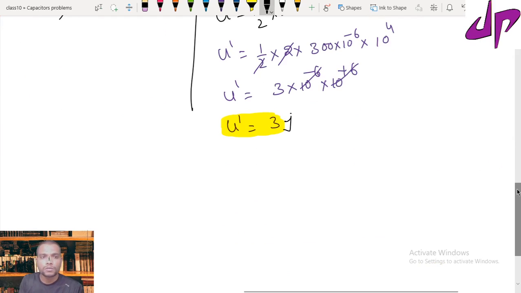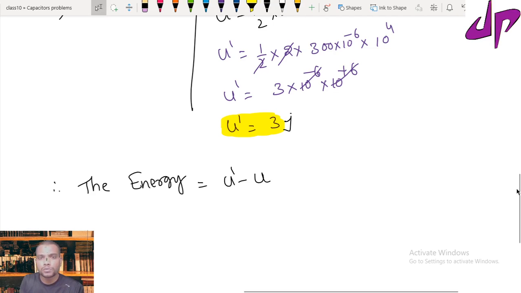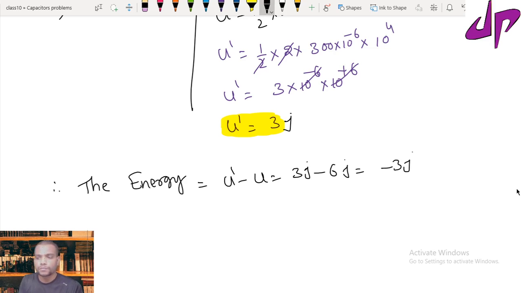Therefore the energy lost, U dash minus U, is equal to 3 joules minus 6 joules, which is minus 3 joules.